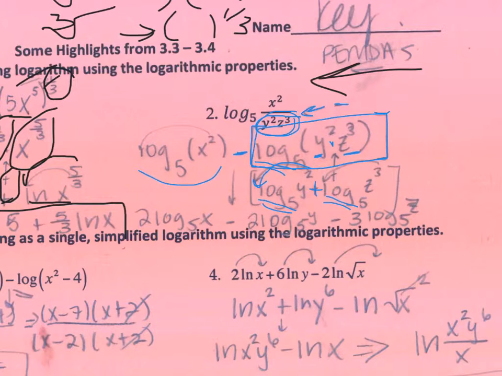So when we distribute the negative in to both terms, it becomes negative 2 log base 5 of y and negative 3 log base 5 z. And then in front, we just bring this power down in front last. So for that term, we have 2 log base 5 x minus 2 log base 5 y minus 3 log base 5 z. The only real trick there is that sometimes people forget to negate all terms in the denominator.